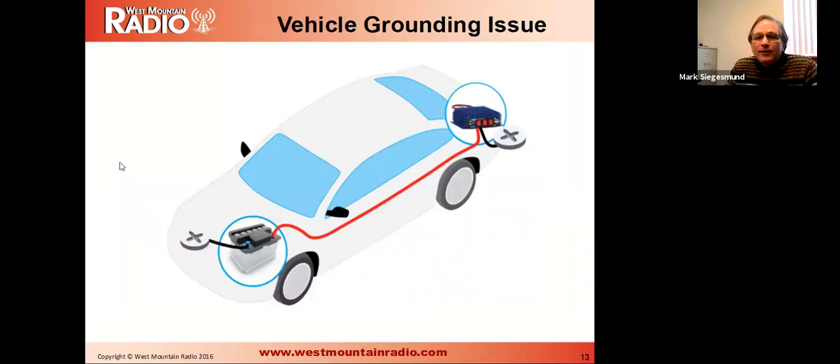Vehicle grounding, another common thing. The vehicle chassis is a great conductor. A lot of people want to go ahead and use that as their ground because it is such a great conductor, and it'll save you running one more wire to the trunk or something like that. Here we've got an amplifier in the trunk.